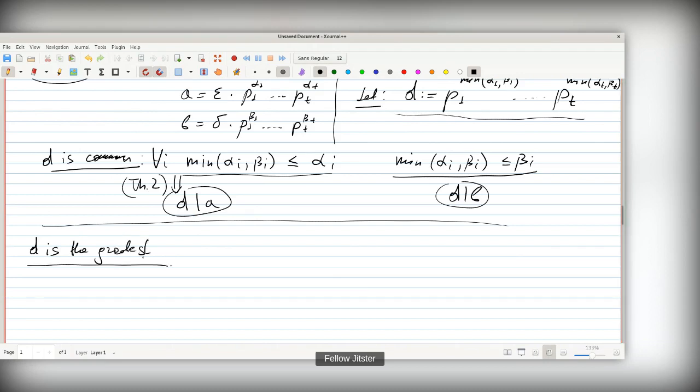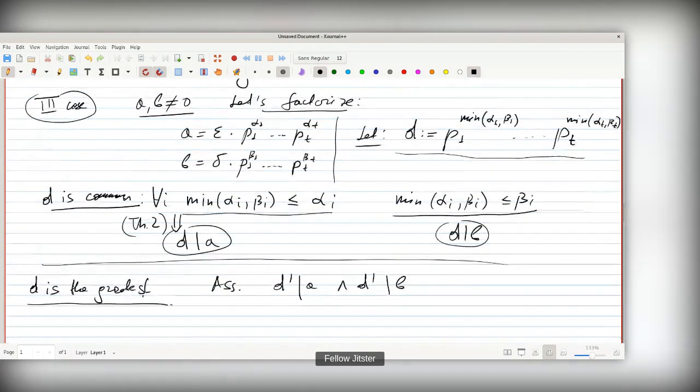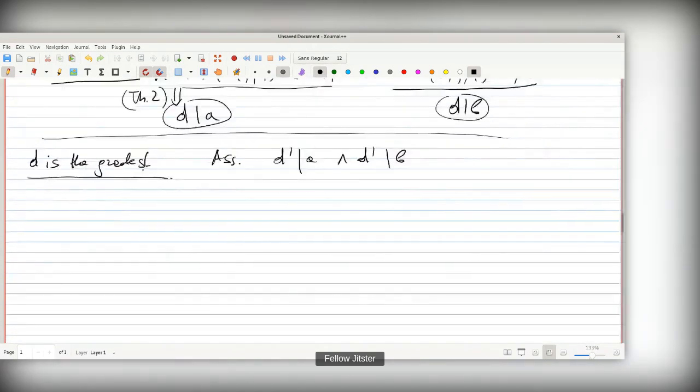And it is the greatest one. Okay, let us do so. Assume that we have some common divisor, D prime. D prime divides A and B. As neither A nor B were zero, that means that D prime is not zero as well. You know, a non-zero number cannot be divided by zero. Then D prime is not zero, so we can factorize it. It is a natural number, so its factorization has this form, p1 to the power gamma 1, and so on. But what does it mean?